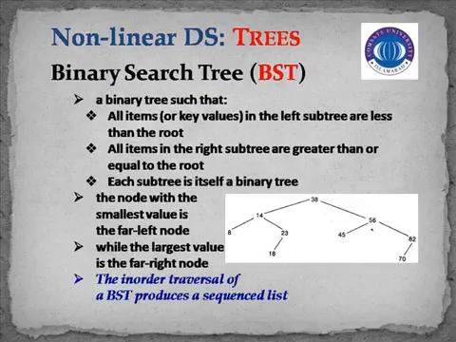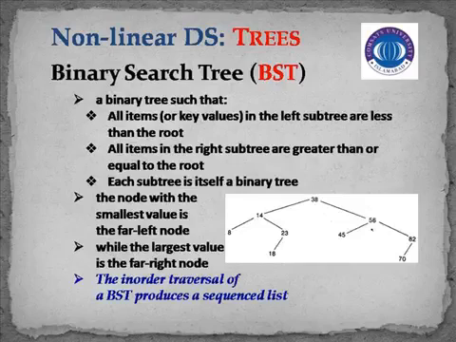Dear students, the binary search tree is a binary tree such that all the items or key values in the left subtree are less than the root of the binary search tree. Moreover, all the items in the right subtree are greater than or equal to the root of the binary search tree.